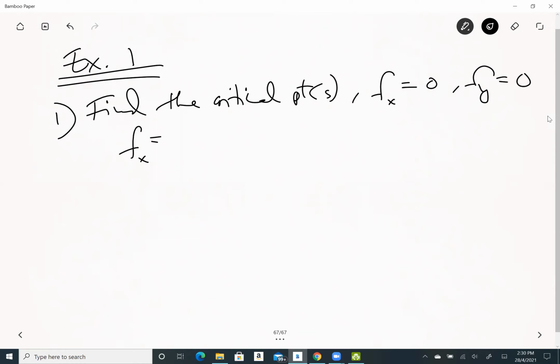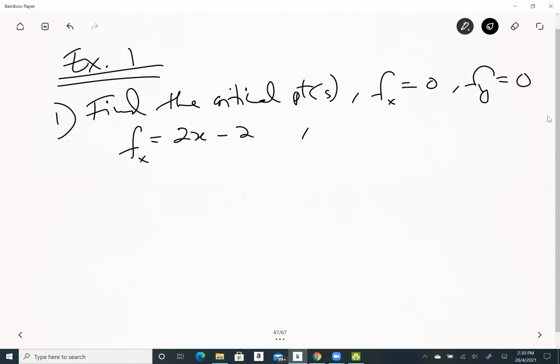Now, what is fx? You have the function there. If you take the derivative with respect to x, what do we get? 2x minus 2. That is very simple because every term is just additive. So you got 2x minus 2.